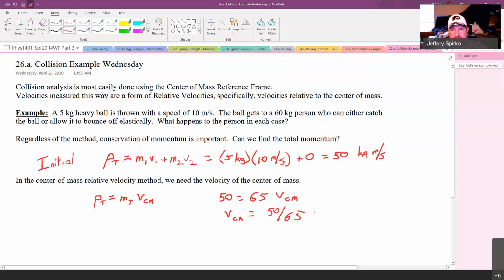Sorry about that little delay there. And this comes out to 0.769 meters per second. So even though the ball is moving 10 meters per second and the person is standing still, there's a center of mass somewhere in between them, kind of an average location for the two objects, and that center of mass is moving at just under a meter per second.